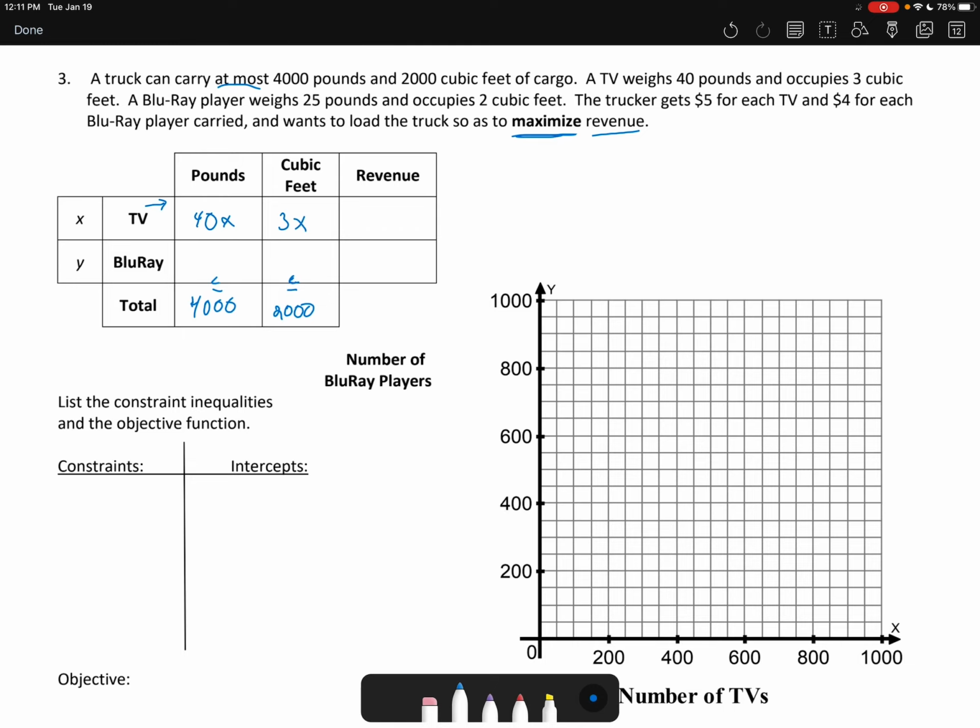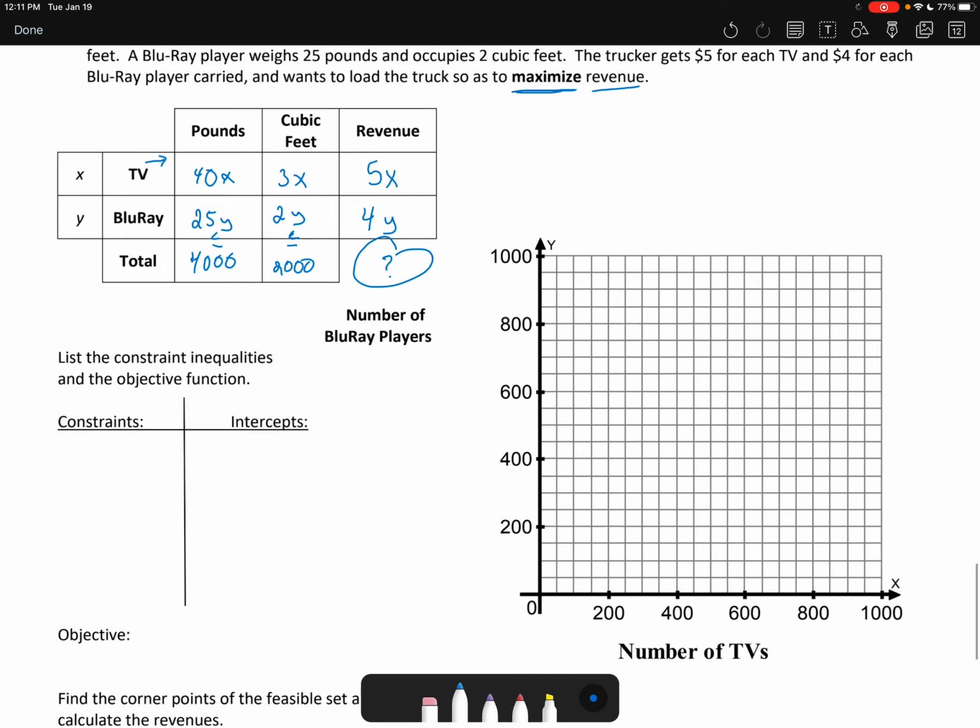And a Blu-ray player, so those are going to be our Y's, weighs 25 pounds, so 25 per Y, and occupies 2 cubic feet, so 2 per Y. So there we've got some pounds and what they can add up to, and the cubic feet and what they can add up to, and the trucker gets $5 for each TV, so 5 per X, and $4 per Blu-ray player, so per Y. And again, we don't know this. We want to figure out what is the maximum. So there's all types of values that can go there, but we are specifically interested in the max.